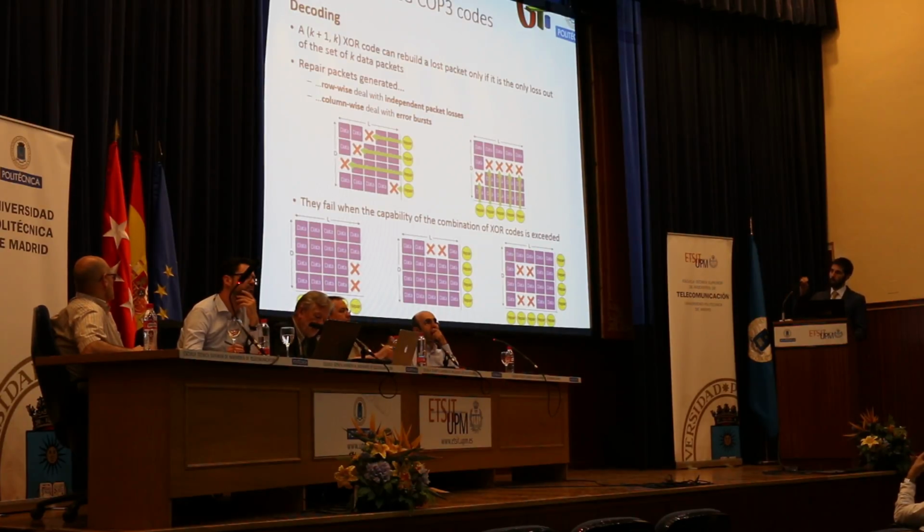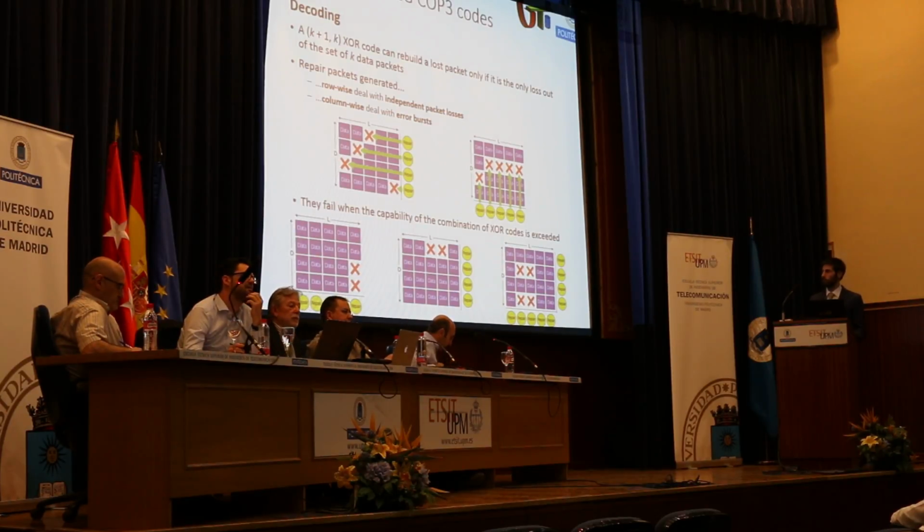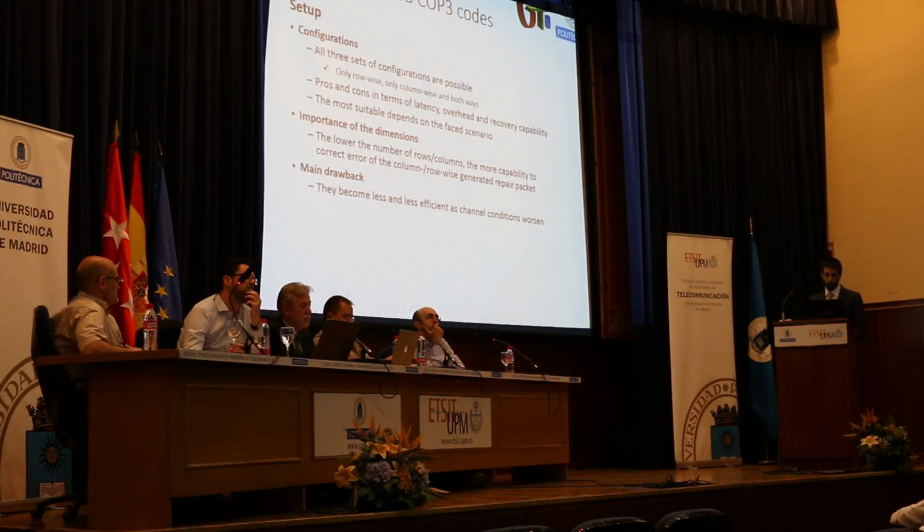So if we generate the packets column-wise and we have more than one lost packet in one column, that cannot be recovered. The same happens with the row-wise generated packets: if we have two lost packets in the same row, this cannot be recovered, or a combination of the two if both dimensions are used.